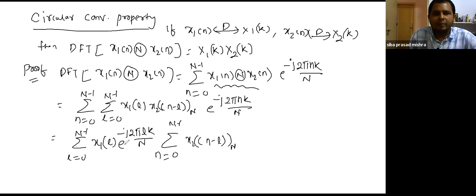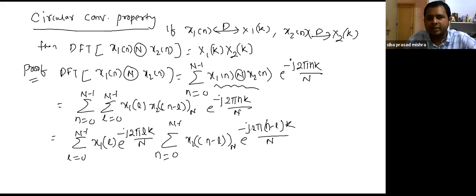Now I multiply e to the power plus j 2 pi lk by N at the end, and take common e to the power minus j 2 pi (n minus l)k by N. If you open this, e to the power plus j 2 pi lk by N and e to the power minus j 2 pi lk by N cancel each other. It is just one arrangement to do the proof.